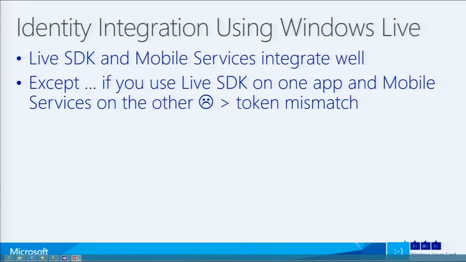And the problem was that the token you get back from either one of those is not going to be the same. When you do an authentication, you get back a token, and that token can be used to call other APIs, and you get back a user ID. And the user ID is an indication of who you are, and it's that user ID which you normally store in the backend to link data to a certain user.